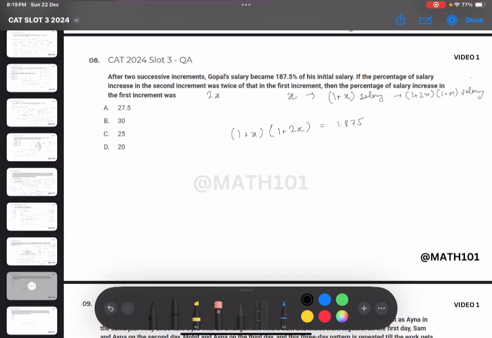So we get 2x square plus 3x plus 1 equals 1.875, that is 15 by 8.